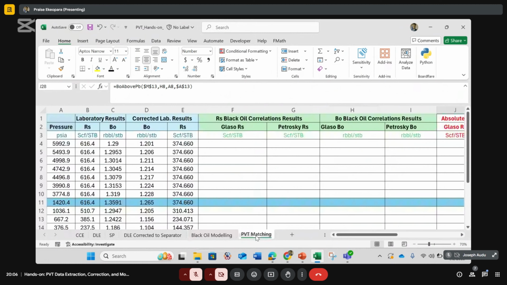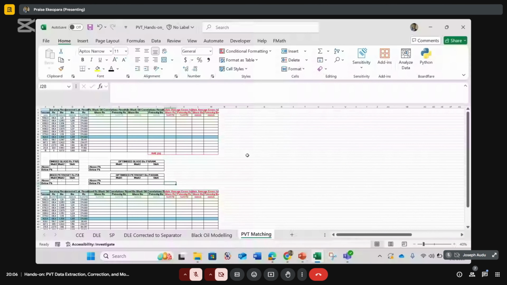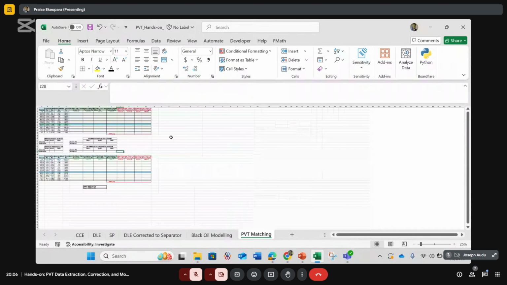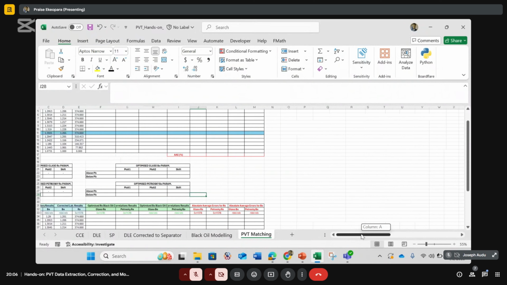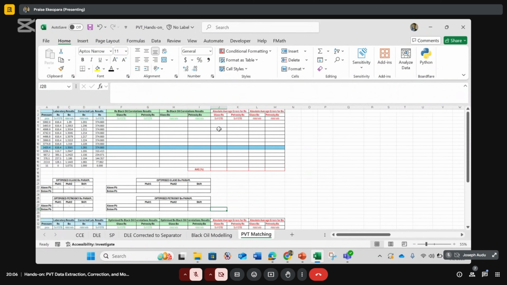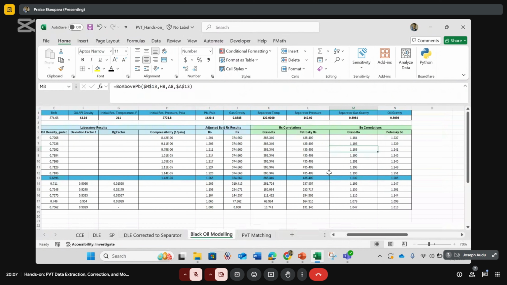The next stage, which will be in our next class, is where I will be doing the actual matching. I think that will be another session, because if I rush it now and go through it, it may really not make sense. So today we have covered CCE, DLE, separator, then correcting to separator condition, then doing modeling as well.